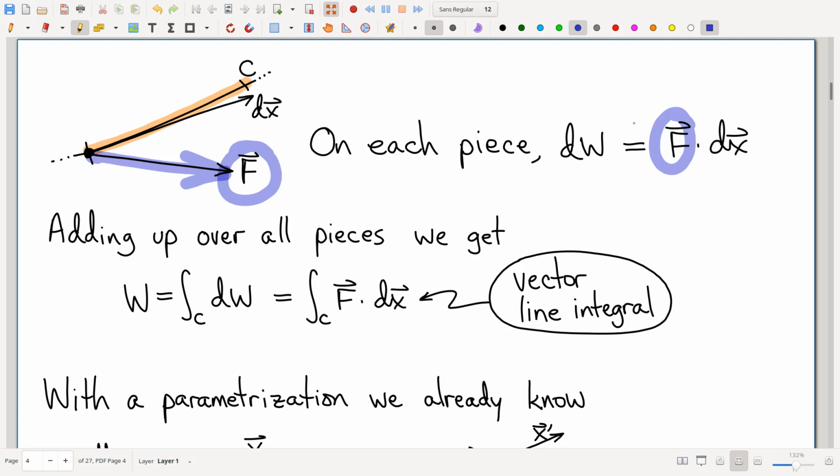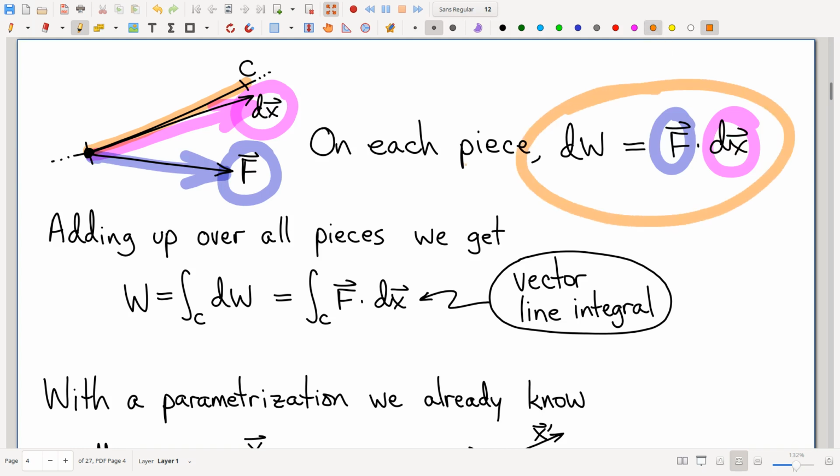And then our displacement is going to be the linear estimate of displacement, namely our position differential dx. So on that little orange piece of curve, how much work does it take to move along that orange piece of curve? Well, force dot displacement, nothing to it.